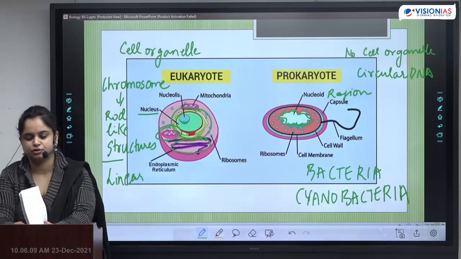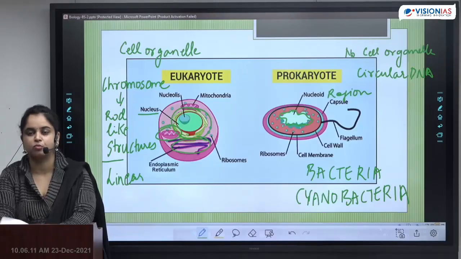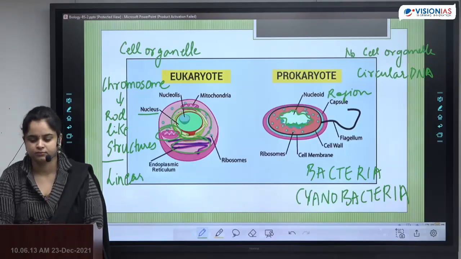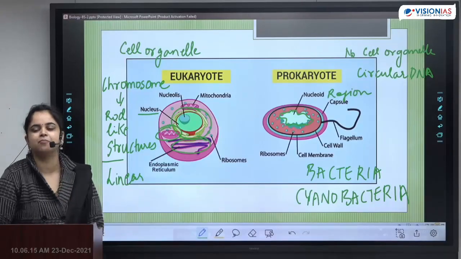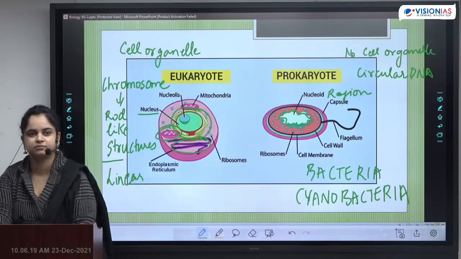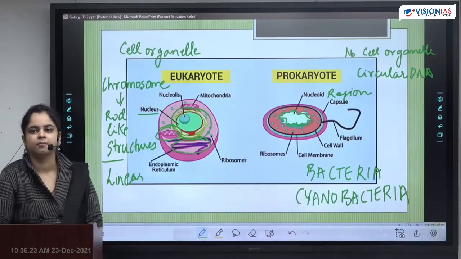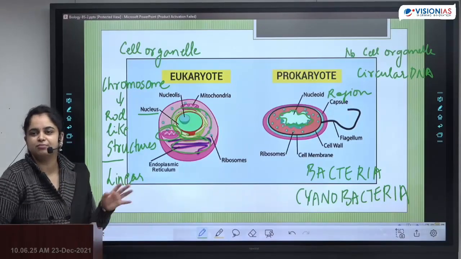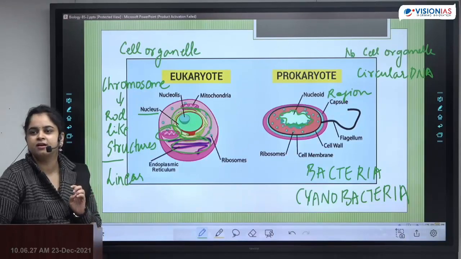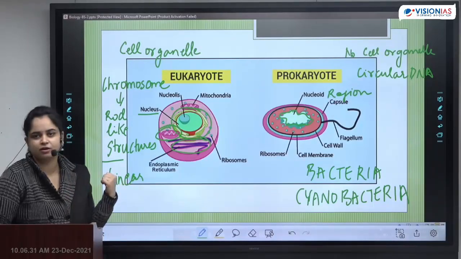And then in the examples, you can write down plants, animals, and the left out examples from unicellular like amoeba, paramecium, euglena, all of them will fit in the eukaryotic category.